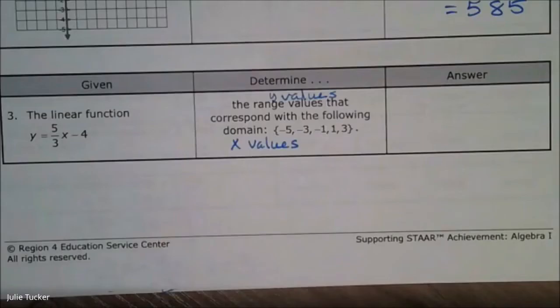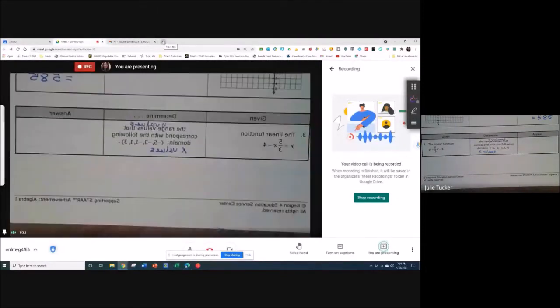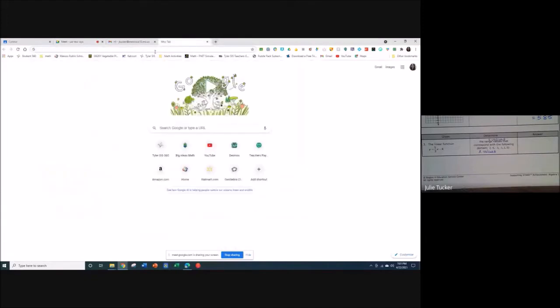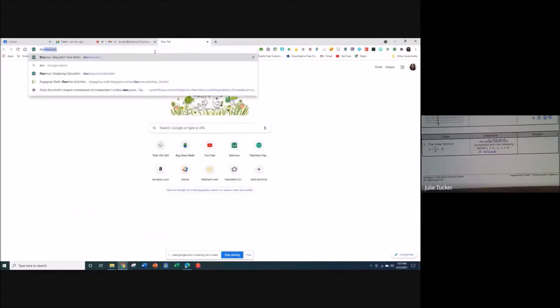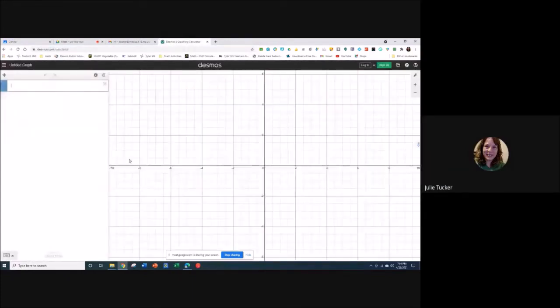Let me just show you how then. Okay, so we're going to go to Desmos. And then once you get there, you have to click that thing that says graphing calculator.